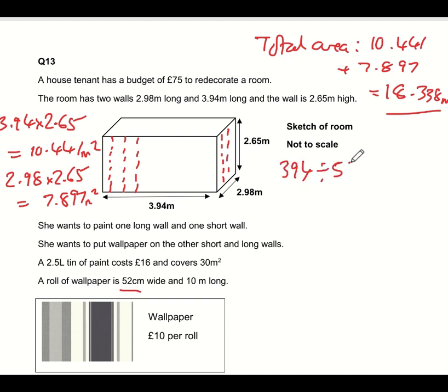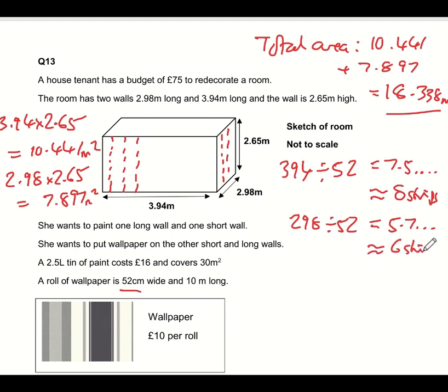So 394 divided by 52 is 7.5. So we're going to round that up, call that 8 strips. Better to have too much wallpaper than not enough, of course. And the other dimension, 298 divided by 52, which is 5.7. So that's approximately 6 strips.